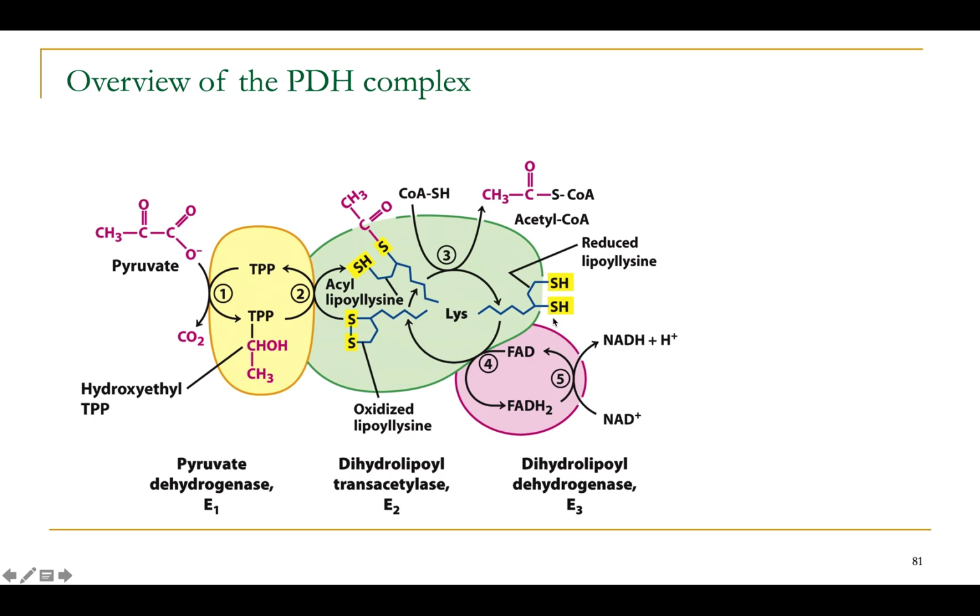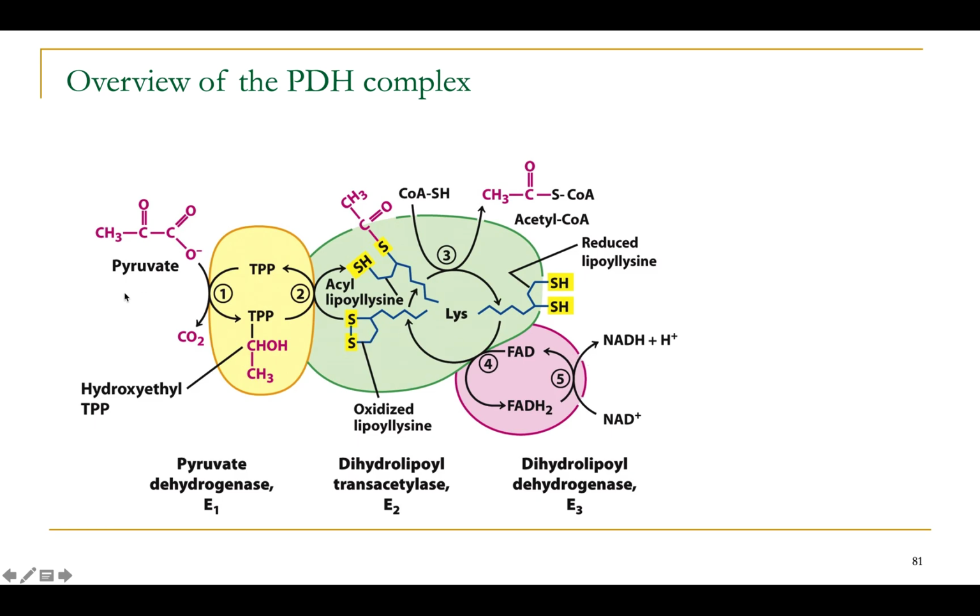And then in E3, what happens is that the FAD, which is an integral part of E3, is used as an electron transport carrier to oxidize the lipoyllysine into its oxidized state and concomitantly transfer reducing equivalents, forming the reduced form of FADH2, which is then on E3 regenerated back to its oxidized state by NAD plus as an electron transport carrier, reducing it to NADH.